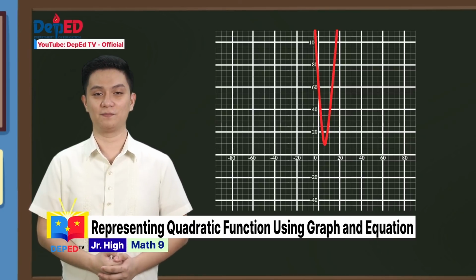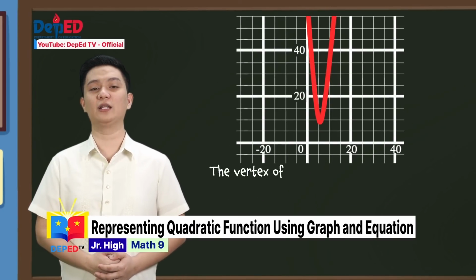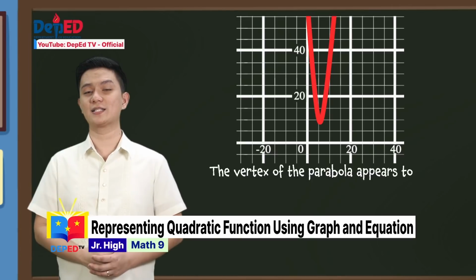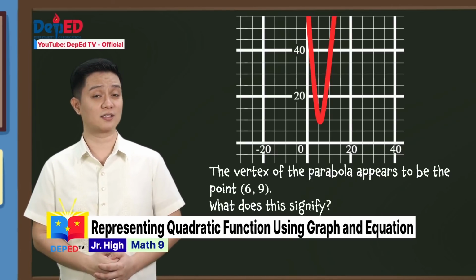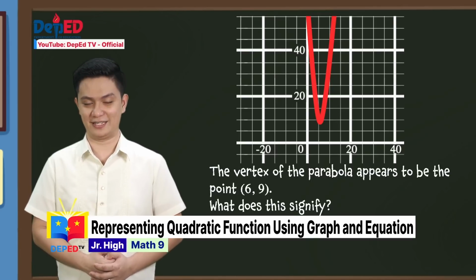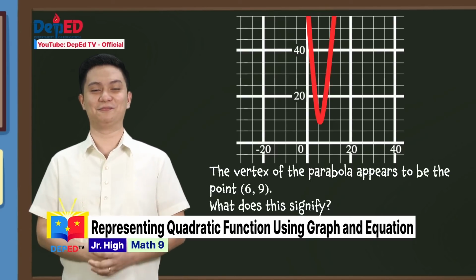Item number 4. The vertex of the parabola appears to be the point described by the ordered pair 6, 9. What does this signify? 15 seconds. Go!